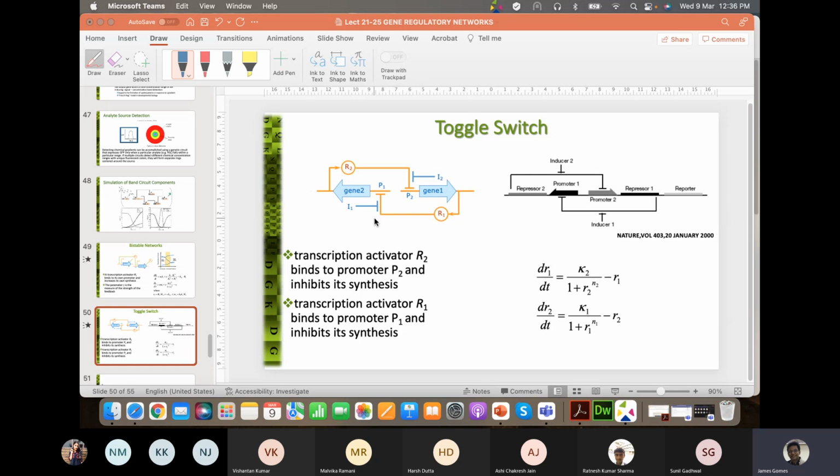So you can just keep on pressing it. The first time it will go round, it will give you an on. The second time it goes round, it gives you an off. So the transcriptional activator R2 binds to the promoter P2, and that inhibits the synthesis of this. So the first time you saw it was going down this one, it was promoting the synthesis of R1.